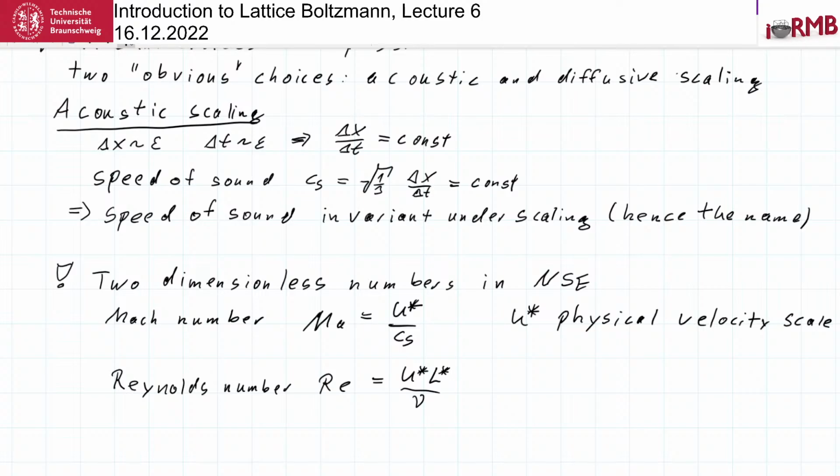Yeah, the Knudsen number has already been eliminated, in a sense. So you can recover the Knudsen number from Mach and Reynolds number, but they are hidden in this derivation already. So we have L. L is some physical length scale.